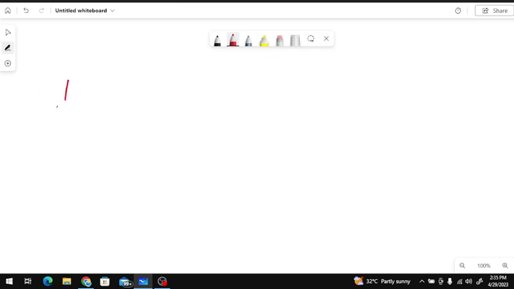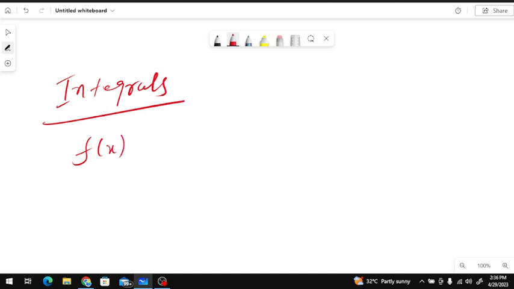Integrals. It's the opposite of derivatives. So I take a function f(x) equal to 2x, and first, finding the area of the range under this straight line is easy.